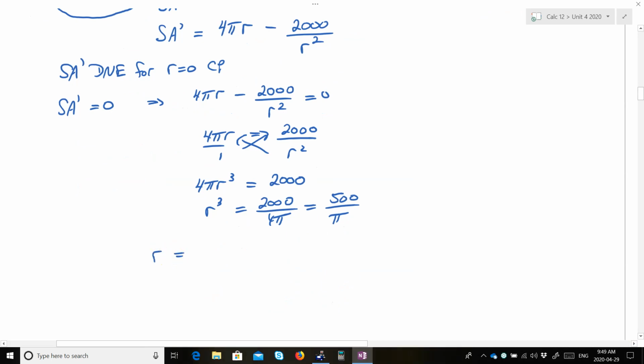And that means that r is equal to the cube root of 500 over pi.